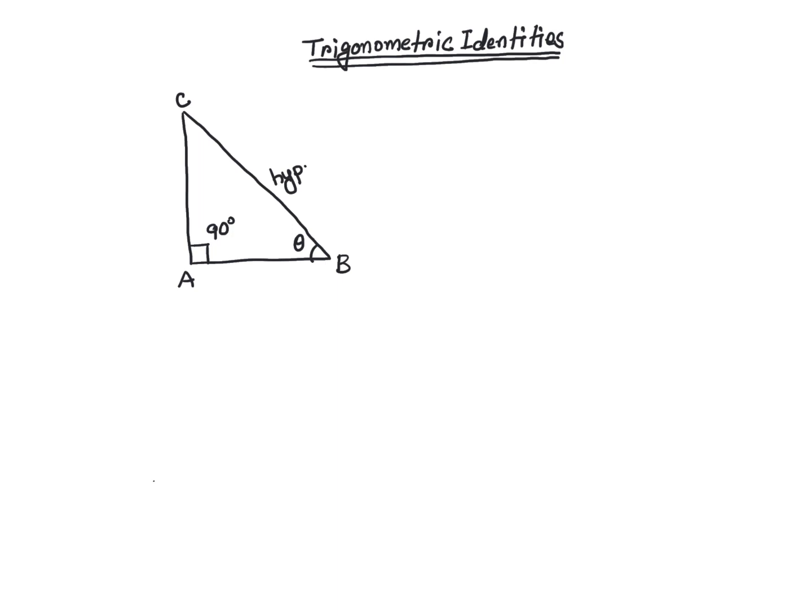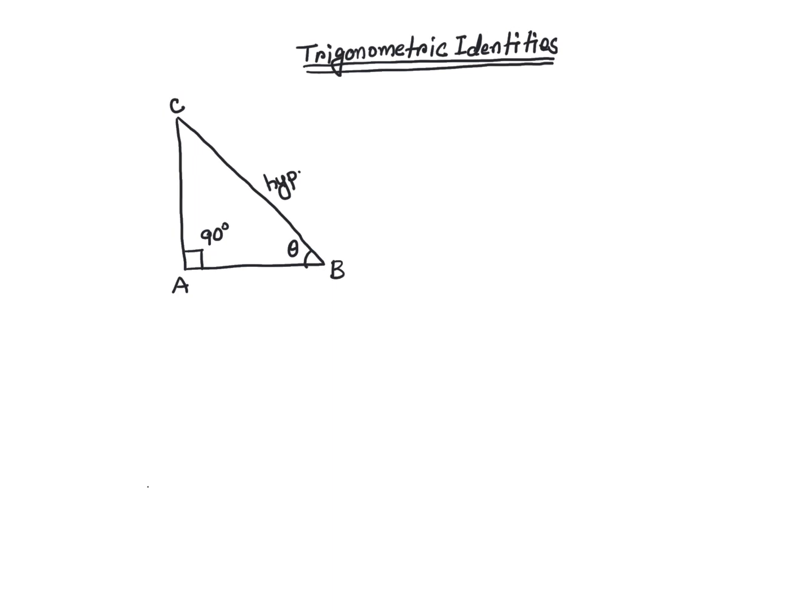Now let's look at the angle theta, or angle B. The side touching the angle theta, or making the angle theta, is called adjacent. So I'm going to call it adjacent. My adjacent is going to be side AB. And the side opposite to angle theta, or opposite to angle B, is my opposite. Let's label it as opposite, which is side AC.